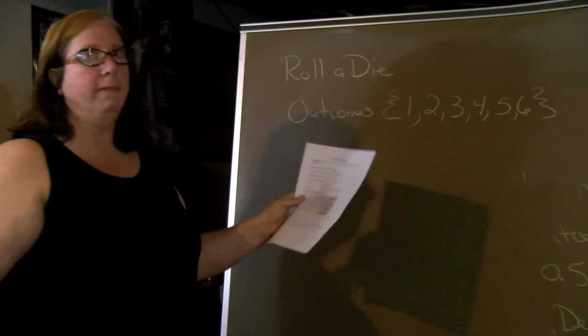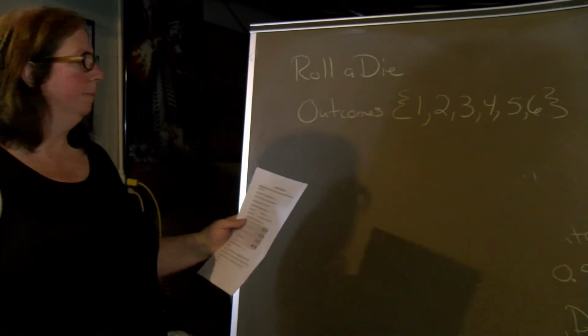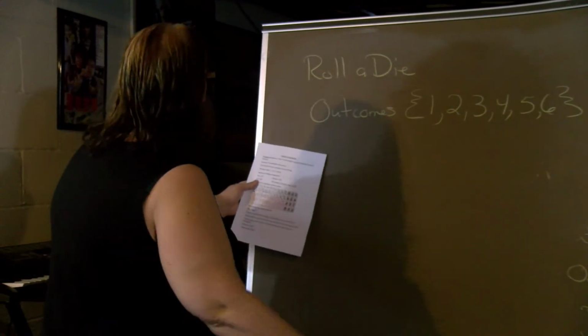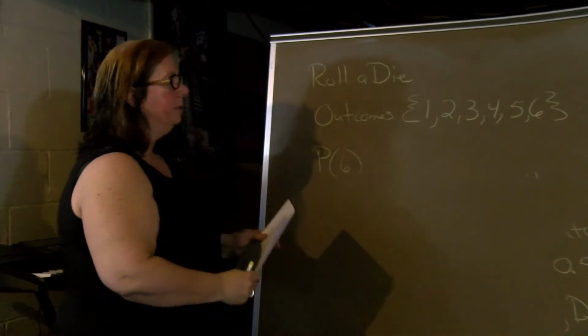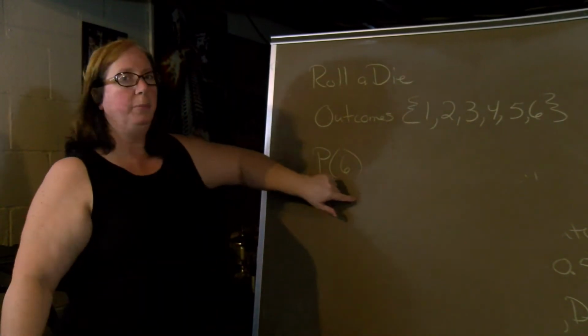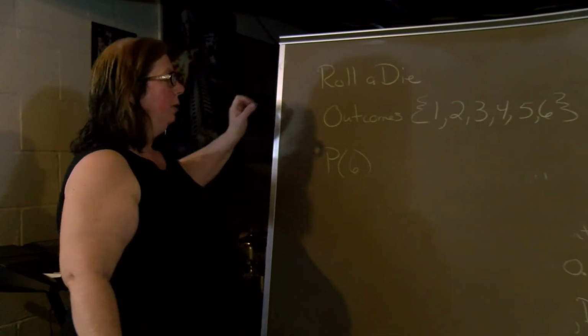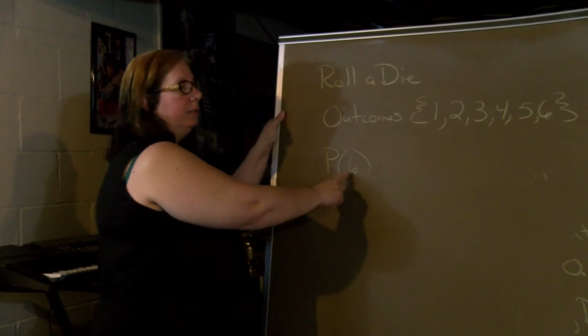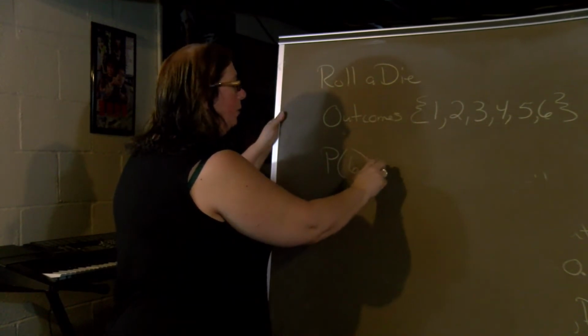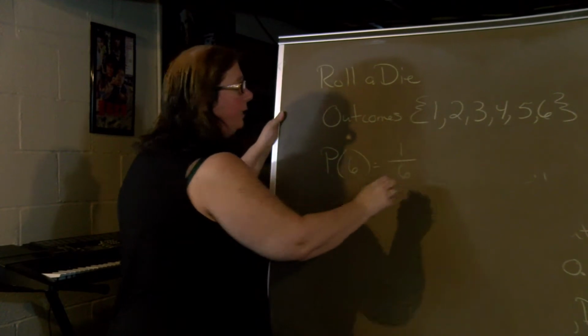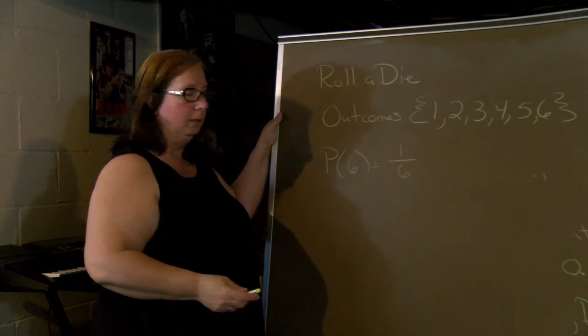You could get any value from 1 through 6. If we write the outcomes, it's easier to find the probabilities. If we find the probability of rolling a 6, there's only 1 six out of all of them. So there's 1 out of the 6, or 1/6.